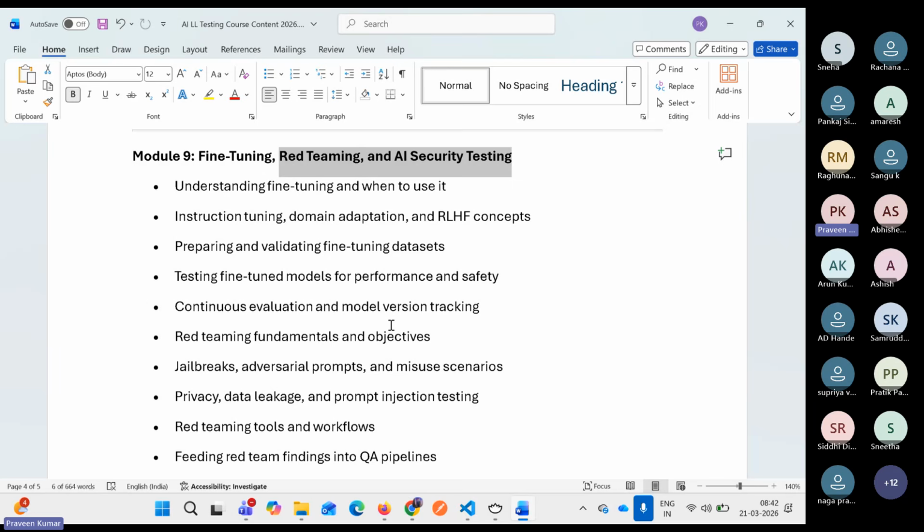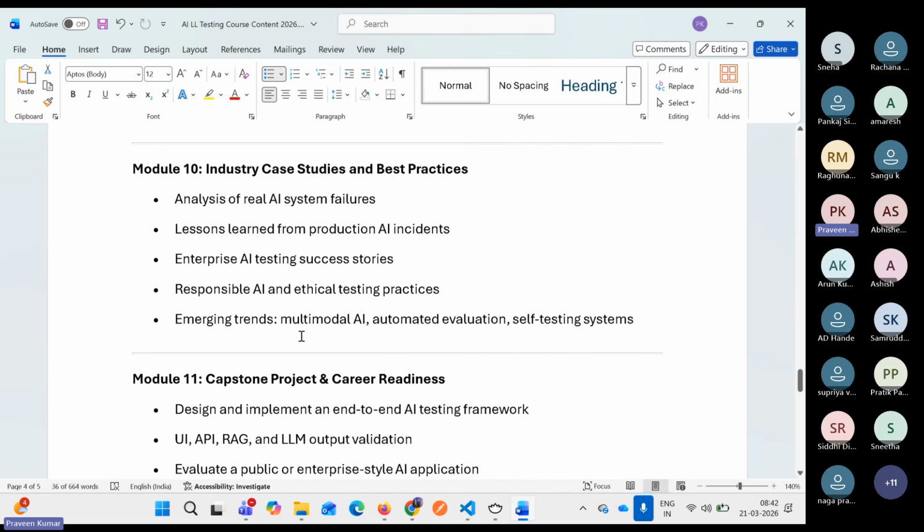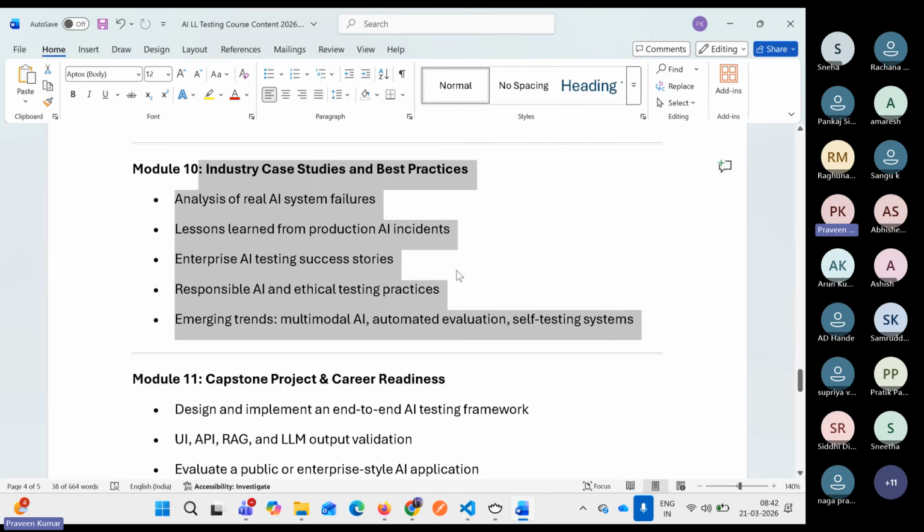That is one of our important concepts of LLM testing, which we'll be learning towards the later part of our sessions. And then some industry use cases will be given, like the one I was talking about, where it gave us a false answer and so on.